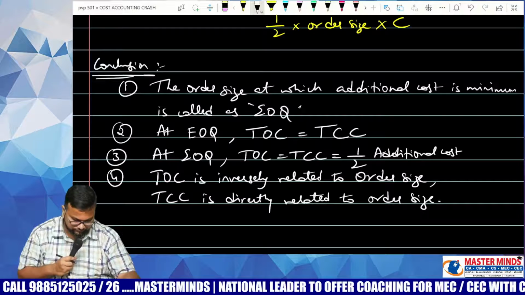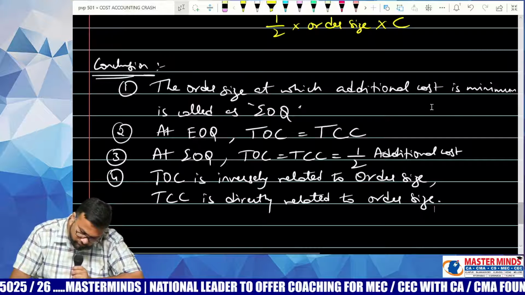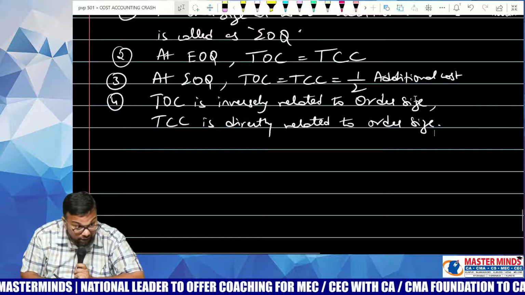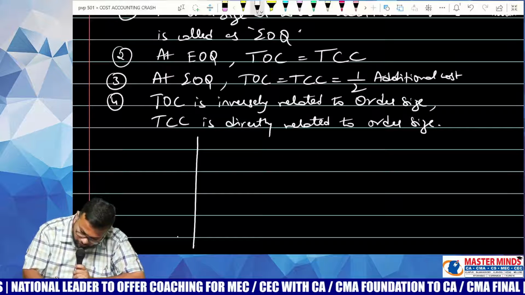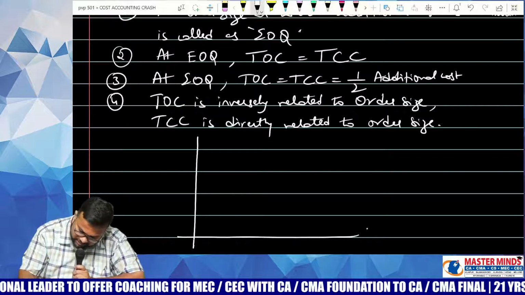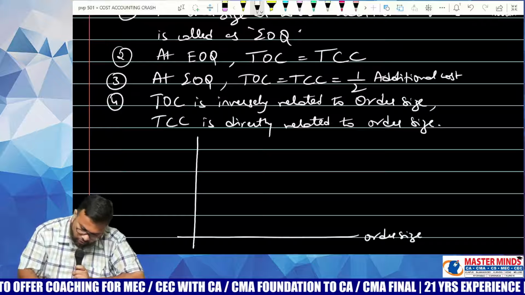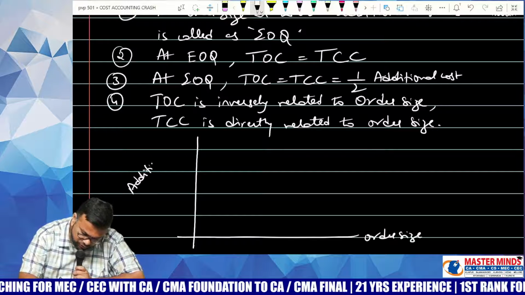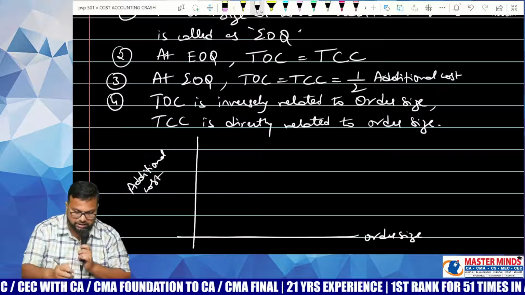Okay. So basing on point number 4, we can draw the graph. On x-axis, I will take order size. On y-axis, I will take additional cost. Additional cost means TOC and TCC.